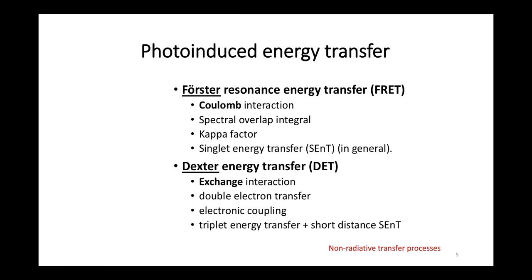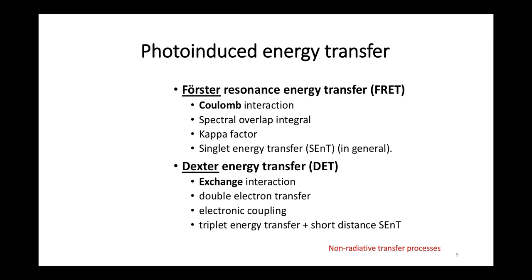So it's the overlap of the emission of the donor and the absorption of the acceptor. There's also the kappa factor, which is the orientation of the two transition dipole moments of the two chromophores that are involved in the process. Now, the Förster energy transfer is mainly important for singlet energy transfer.